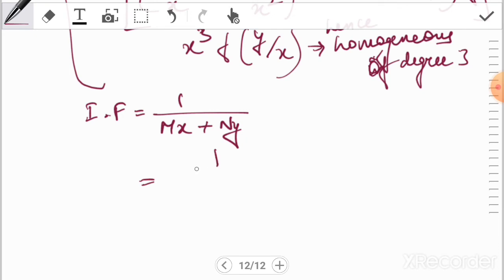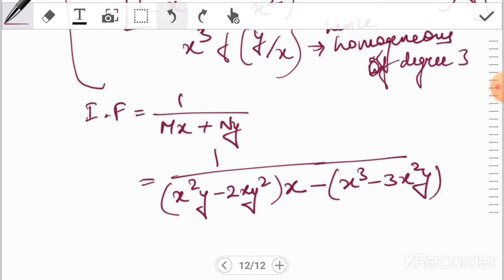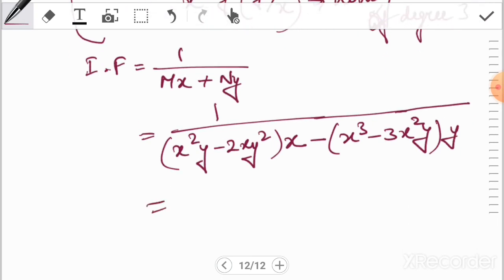M is x square y minus 2xy square times x, minus x cube minus 3x square y times y. This is equal to x cube y minus x cube y will get cancelled, and minus 2x square y square plus 3x square y square, that is x square y square, so 1 by x square y square.